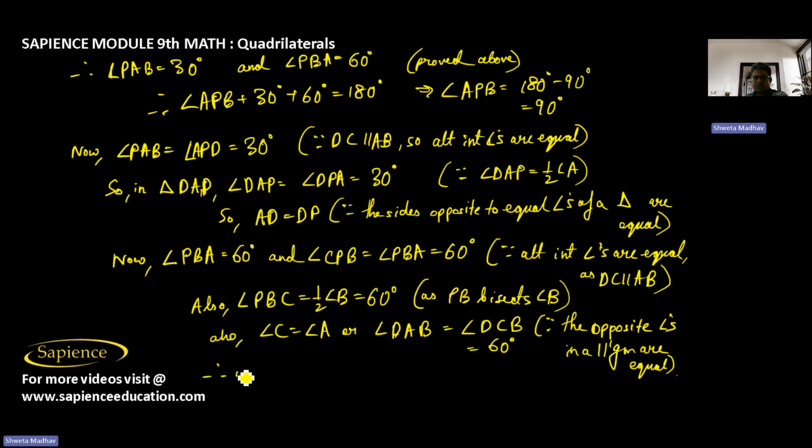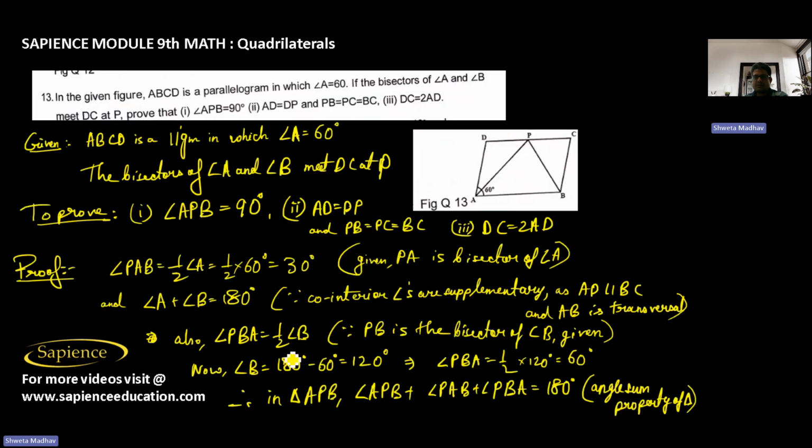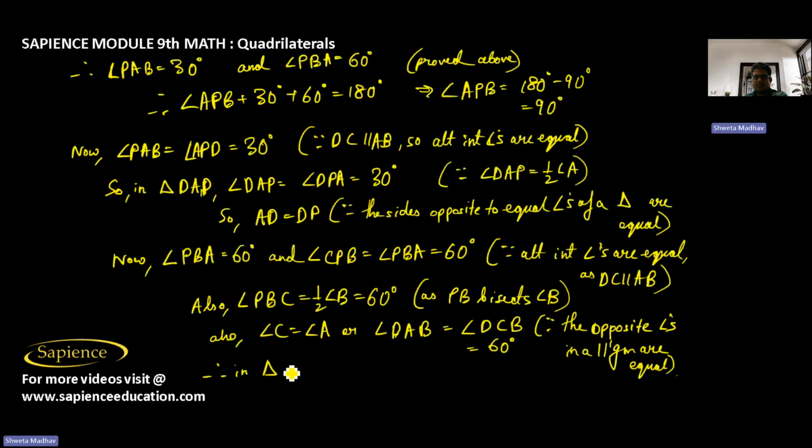Therefore, in triangle PBC, angle PBC equals angle CPB equals angle PCB, that is 60 degrees. So triangle PBC is equilateral.